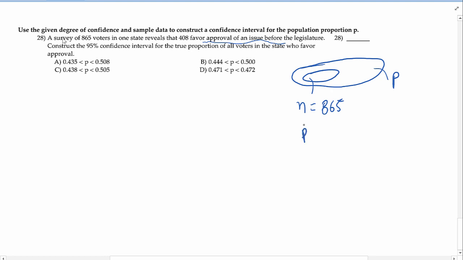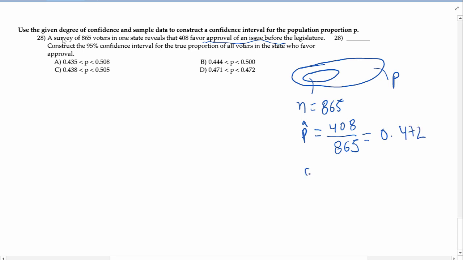So the proportion in the sample of those who favor is going to be 408 divided by 865. So let's calculate that number. This is the proportion in the sample. 408 divided by 865 is equal to 0.472.